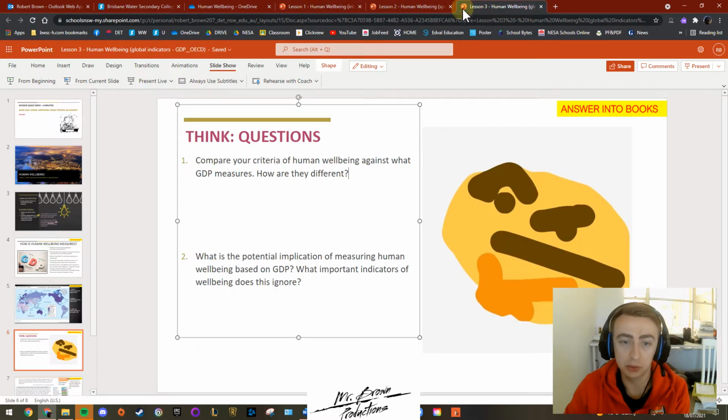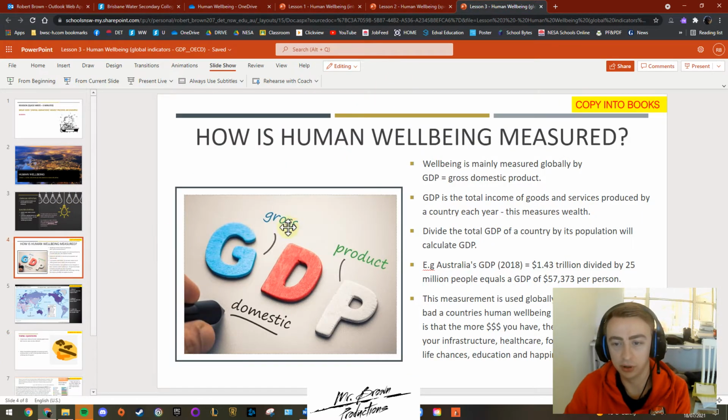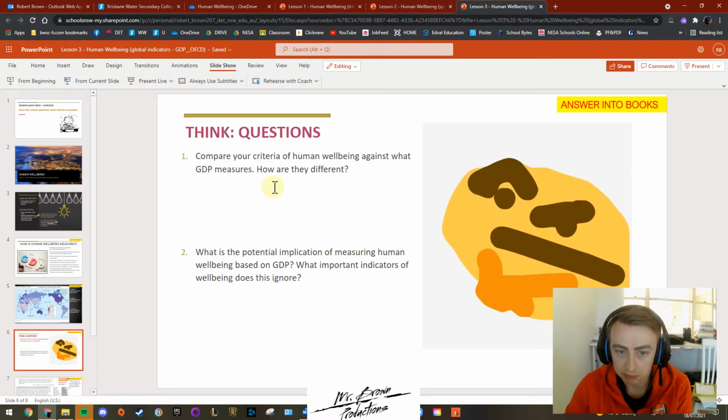I want you to compare your definition with GDP, where human well-being is pretty much based on how much money a country earns. Is that different from your measurement of human well-being? If so, what is it, and why might it be different?